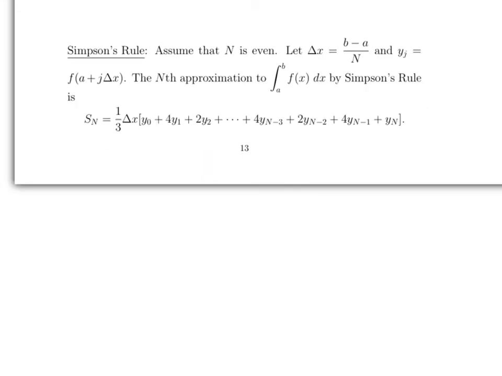The final rule I want to talk about in this video, and then we'll be able to use those moving forward, is Simpson's rule. Simpson's rule is one that's generally an even better approximation in terms of calculating the area under the curve. First of all, we can only use this for even n, so that's important.